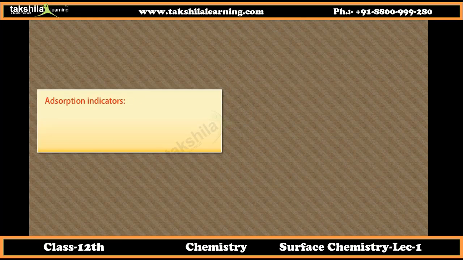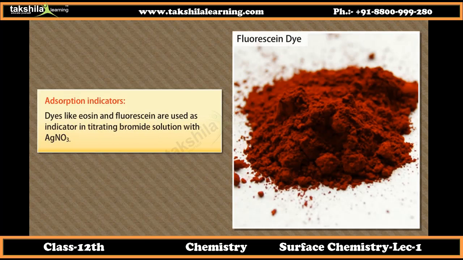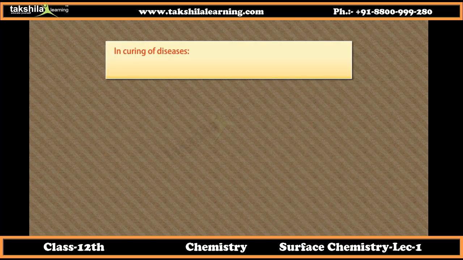Adsorption indicators. Dyes like eosin and fluorescein are used as indicators in titrating bromide solution with AgNO3, as the precipitate of silver halide has the property of adsorbing these dyes and thereby producing characteristic deep colors at the end point in the titration. In curing of diseases.